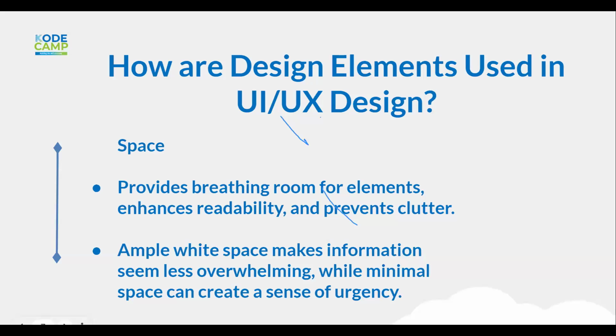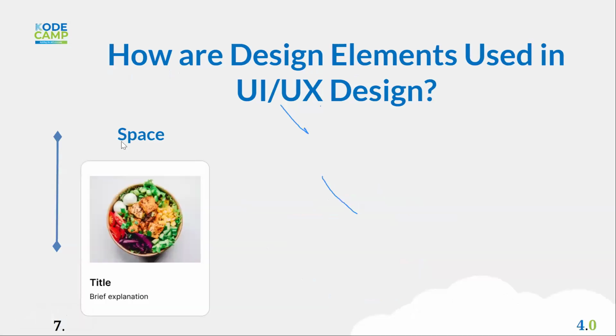Then we actually have a good example here. This is a card, but we'll look at other designs later with Dribbble. Looking at this design, if I just had a whole lot of text clustered around, you might not be able to understand the kind of information I'm trying to pass. That is why it's always advisable to add white space to your design.